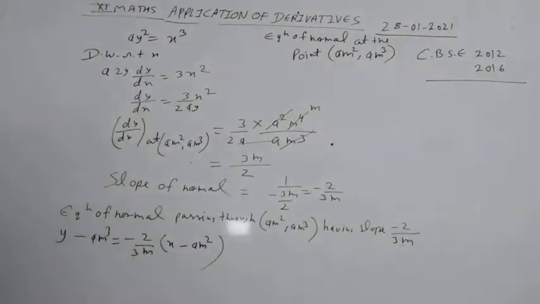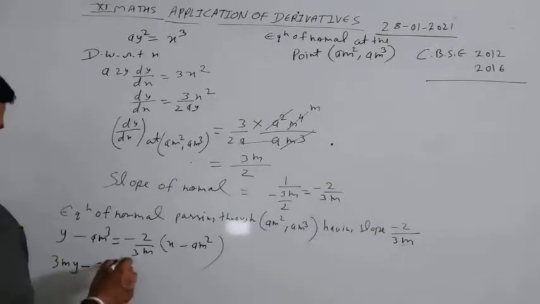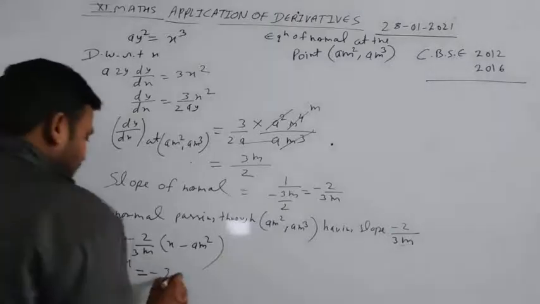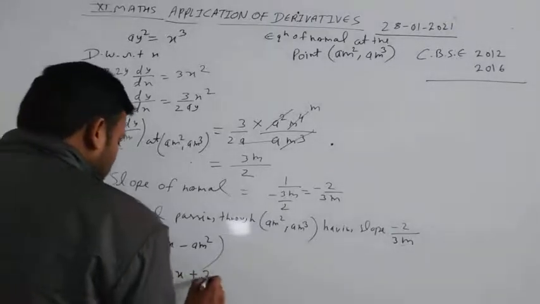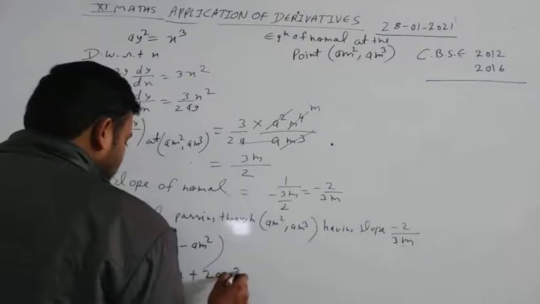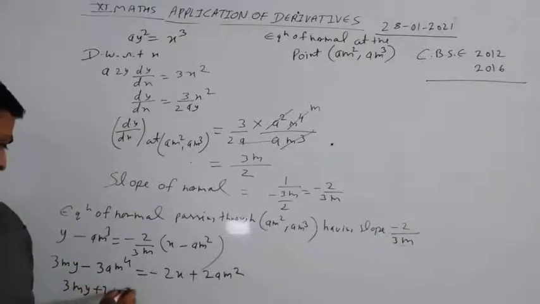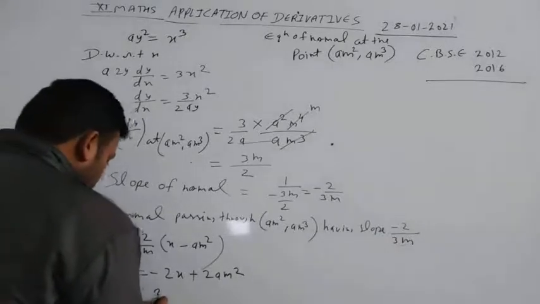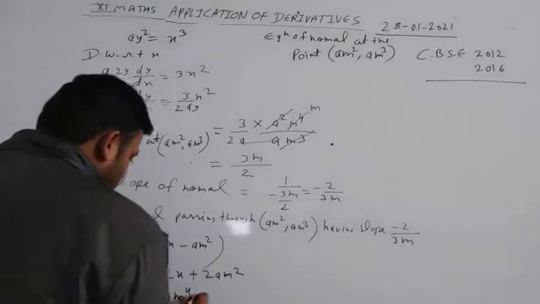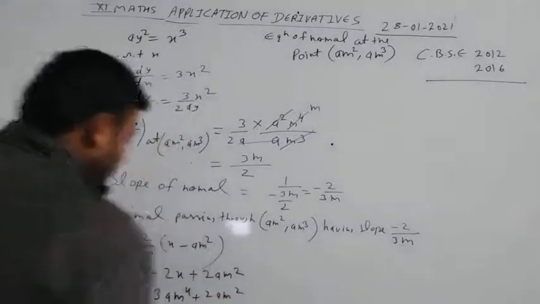Okay, students. So now we will do cross multiplication. We get 3my - 3am⁴ = -2x + 2am². Now we take this to the other side, so we get 3my + 2x = 3am⁴ + 2am².